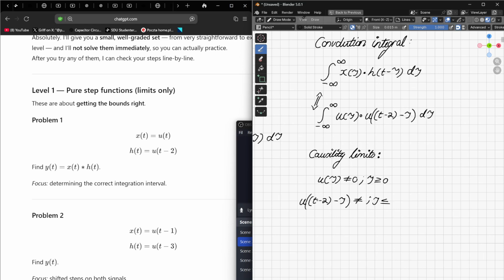I mean, if this is the same as t, it's still going to be minus 2. So it'd have to be 2.